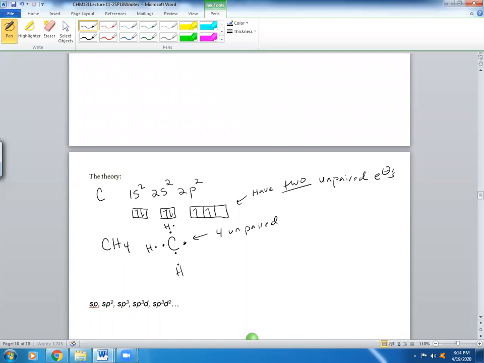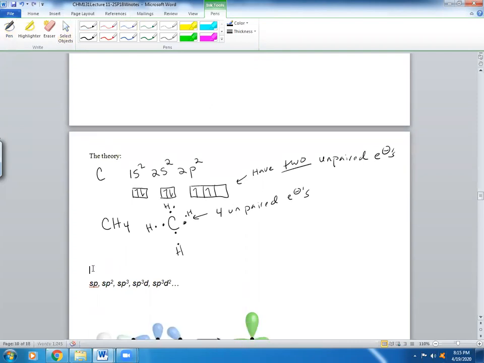And then, of course, that's where we get the structure. So the question is, where do you get those 4 unpaired electrons? There's a violation right here. We can see there's a contradiction. Well, that's where chemists had to think of this valence bond theory, and it works very, very well.